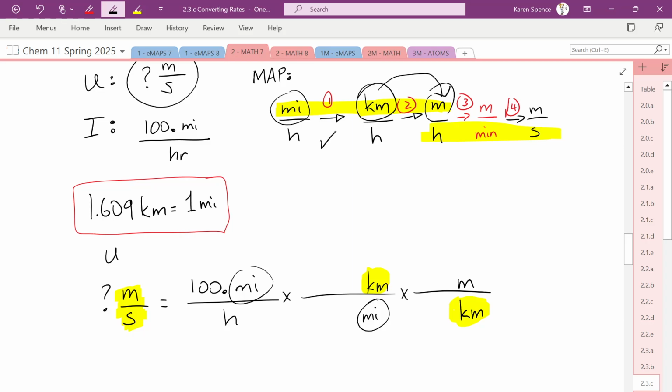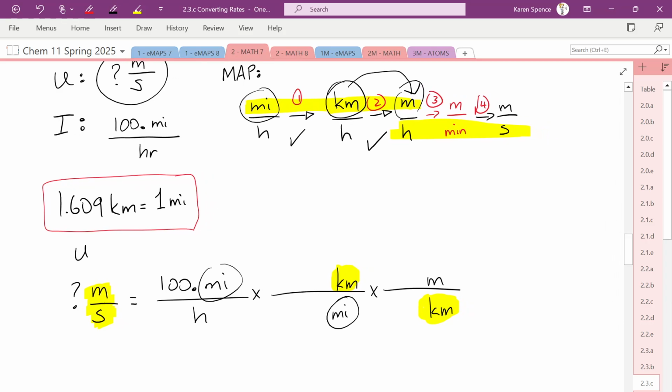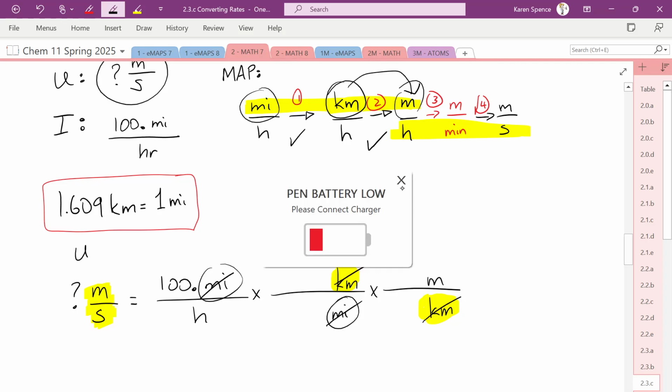So now we've done step 1, we've done step 2. We've gotten all we need to do on the top part. Now we need to say, hang on a second, let's get rid of all these so they don't clutter things up. What do I have on the bottom that I want to get rid of?